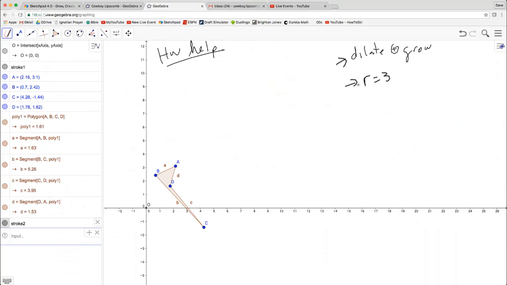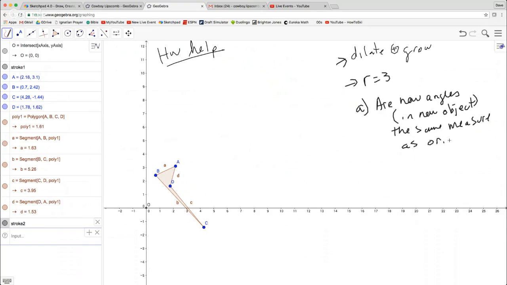Now the questions are this: A, are the new angles in the new object the same measure as the original object?